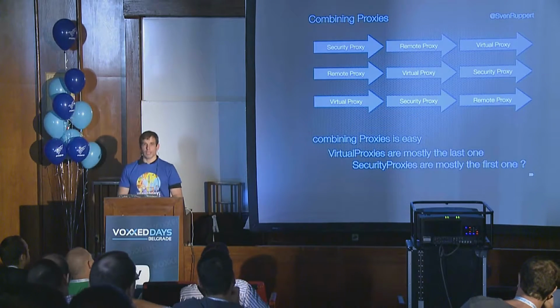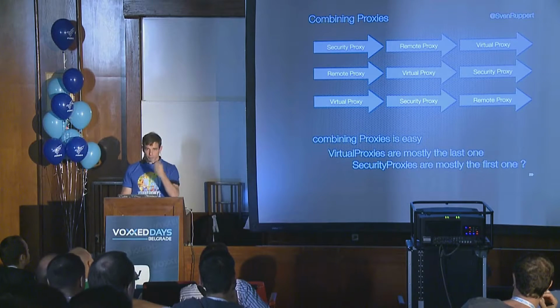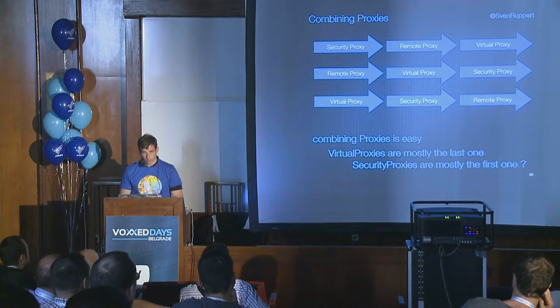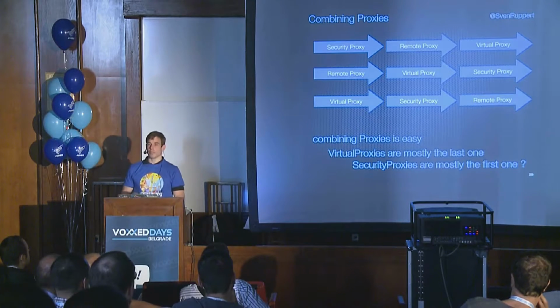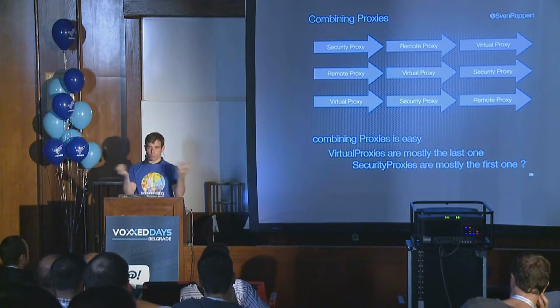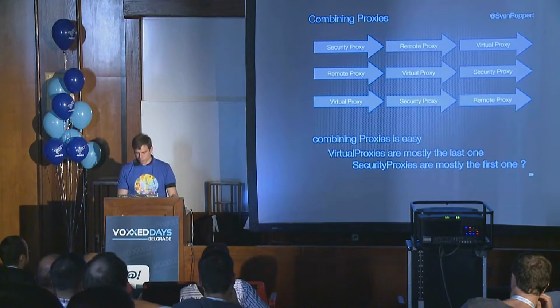So if you have a proxy, and it will have the same interface implemented, so you can combine proxies, and this is quite cool, because then you can say every single part of functionality is a single proxy, and you can put proxy inside proxy inside proxy inside proxy.